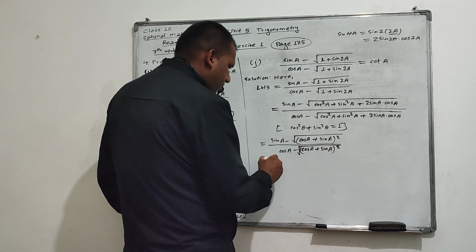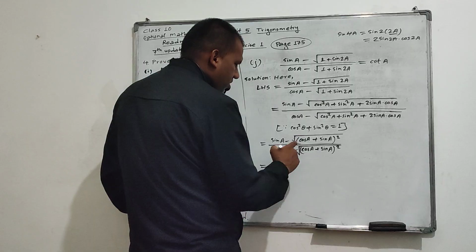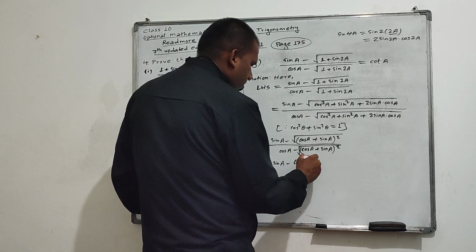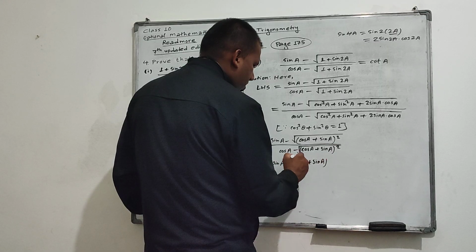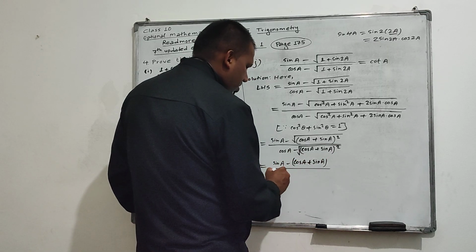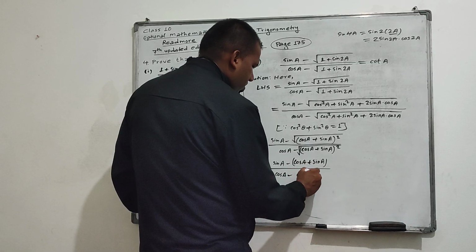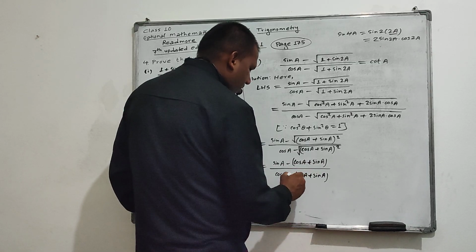Now this equal to sine a minus, square and square root cancel out, remaining cos a plus sine a all upon cos a minus cos a plus sine a.